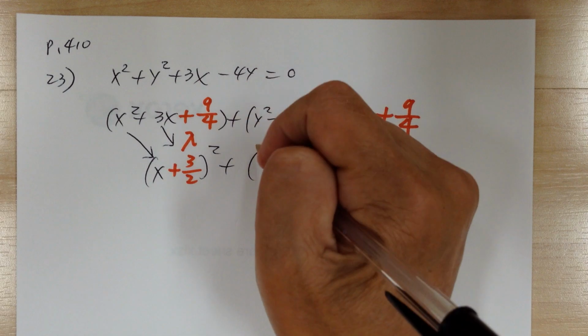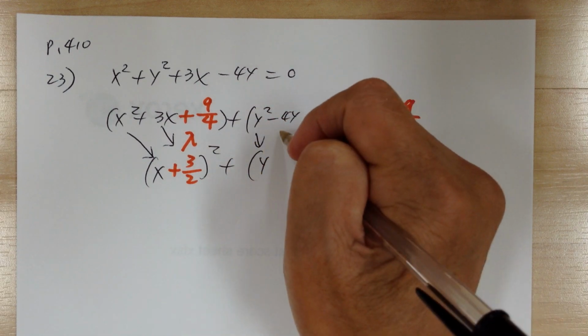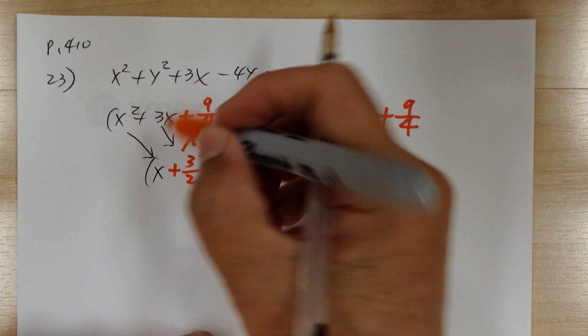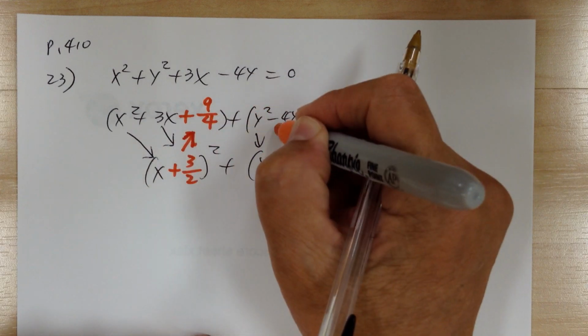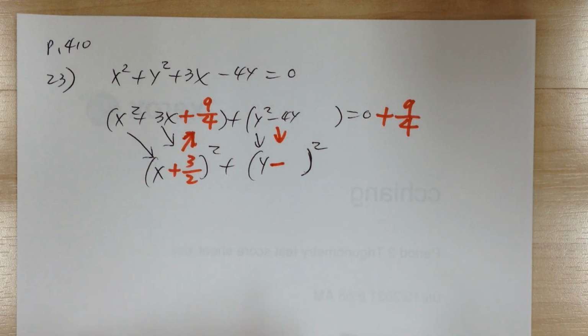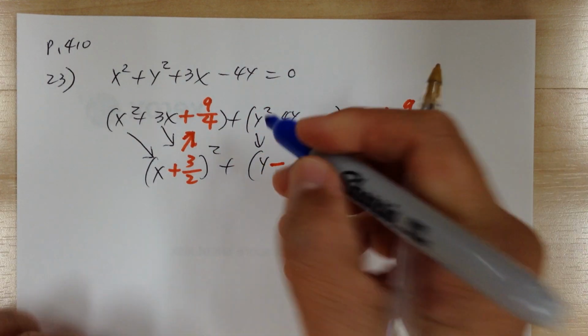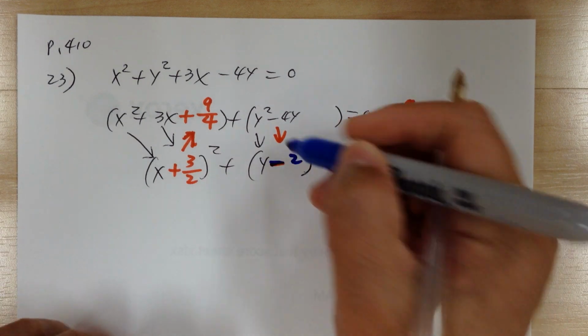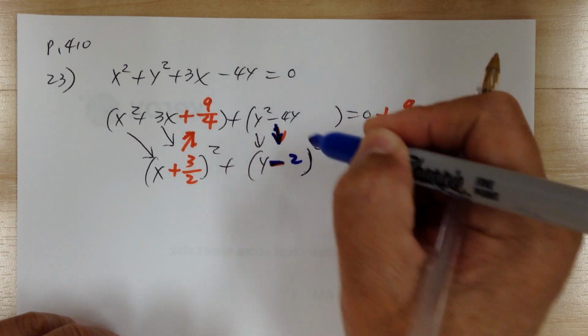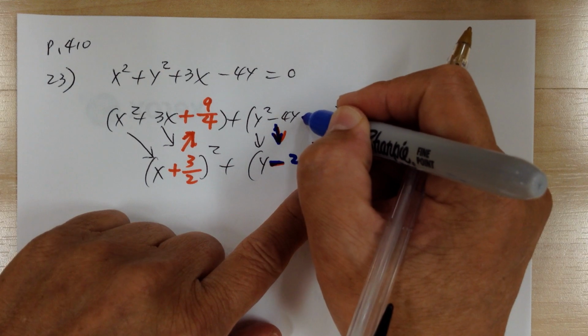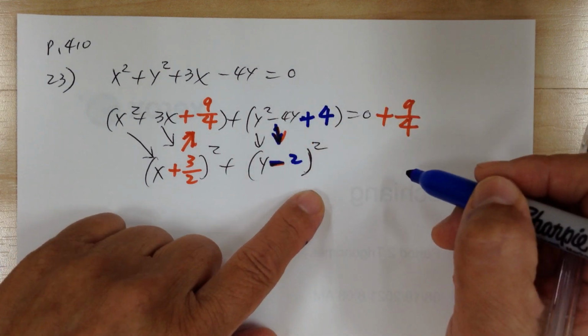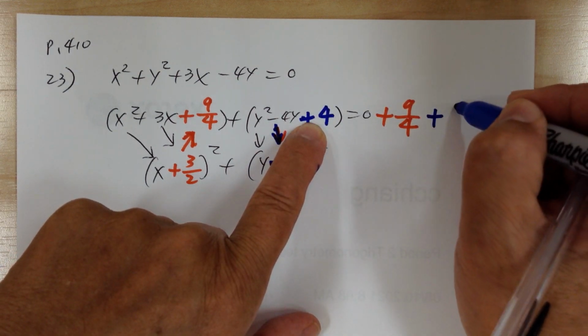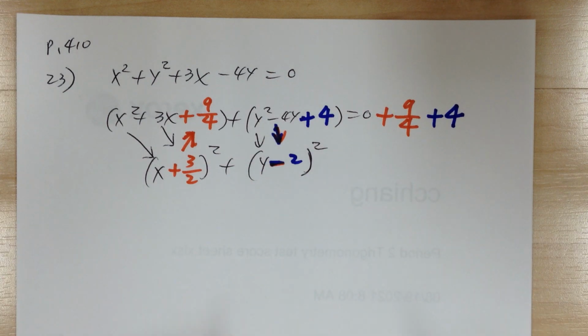Now you do the y, so this will give you y, and this one will give minus 2. Minus 2 squared would be plus 4. So when you add 4 on this side, you need to add 4 on this side.